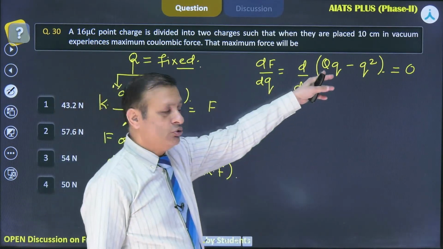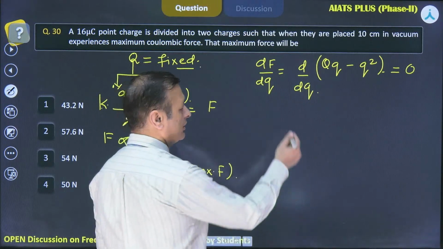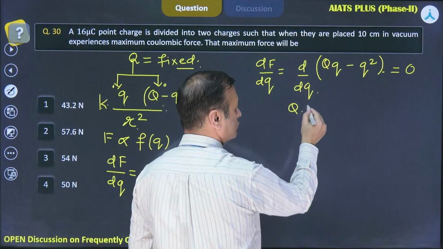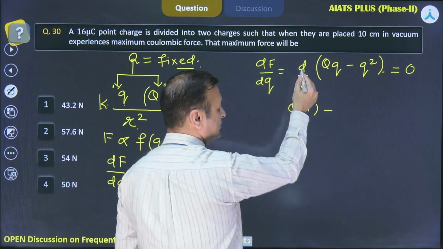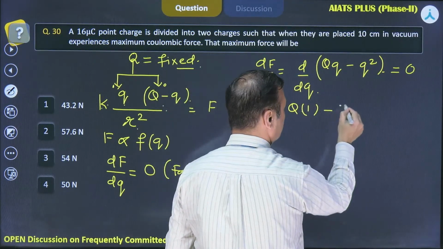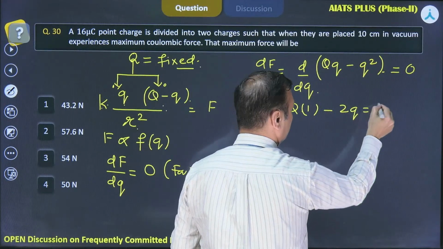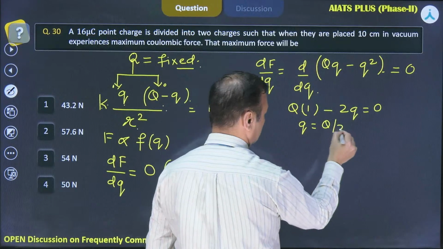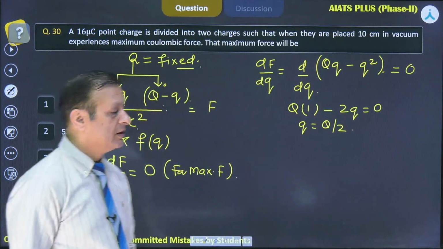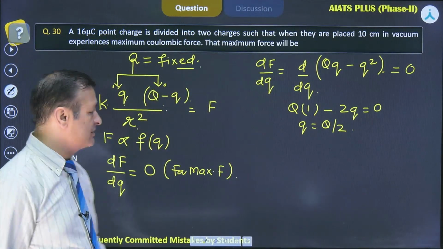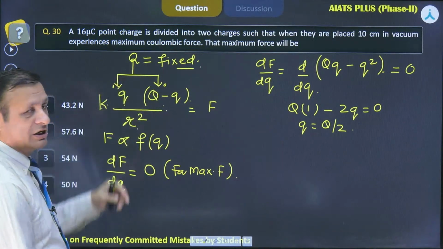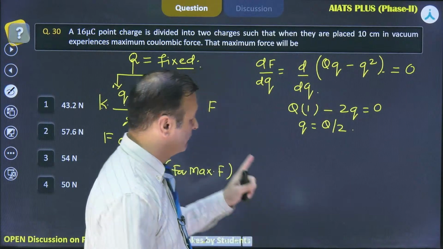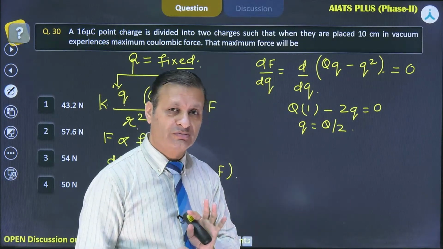Capital Q being a constant will not participate in the derivative part, and dq of small q is 1, minus d by dq of q square will give you 2q. When you put it as 0, that gives me q equals Q by 2. So small q, it means if you divide this charge into 2 equal values, you will have the maximum force.